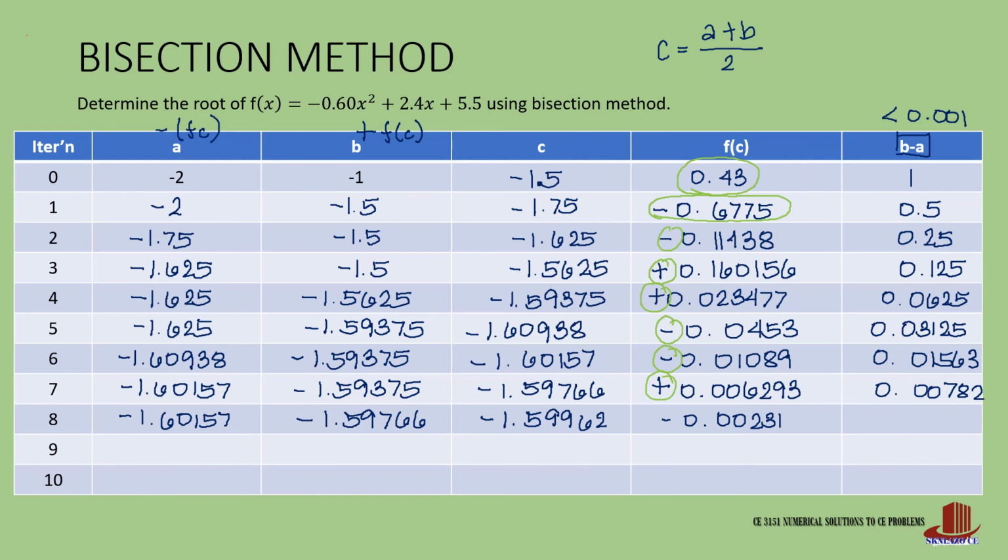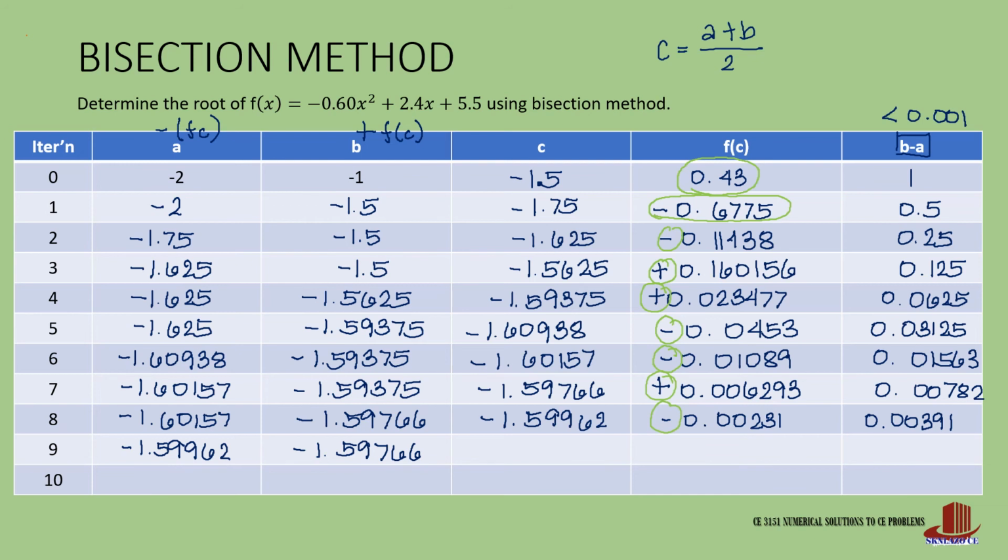B take away A is 0.00391. We replace the lower limit. Our new lower limit would be 1.59962. The upper limit would remain the same as 1.59766.